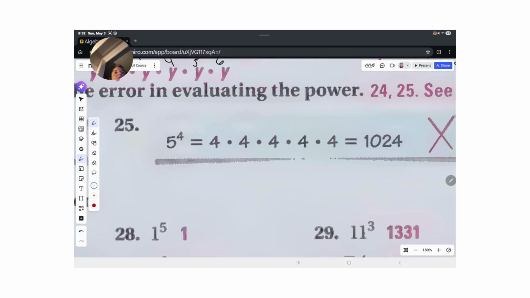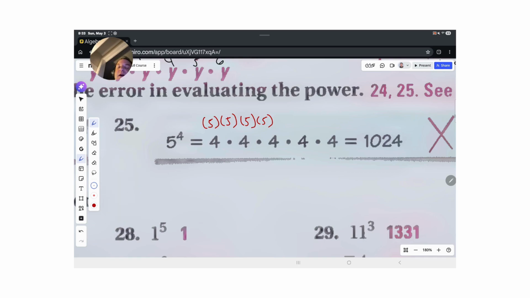Let's take a look at 25. 5 to the fourth power, what's going on here? The base is 5, not 4. So the exponent is only going to tell us how many times the base repeats itself in multiplication. So here we'll have 5 times 5 times 5 times 5, 4 times, right?